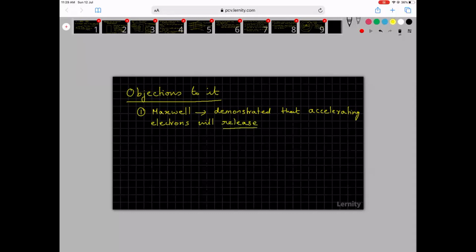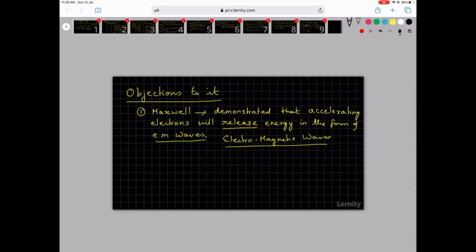Release means give out energy in the form of EM waves. Maxwell demonstrated that accelerating electrons will release energy in the form of EM waves. EM waves means electromagnetic waves.